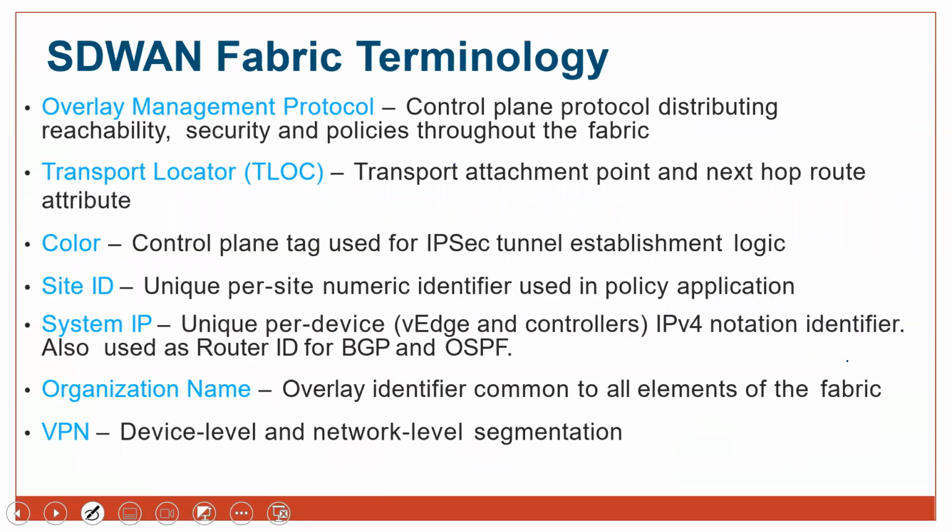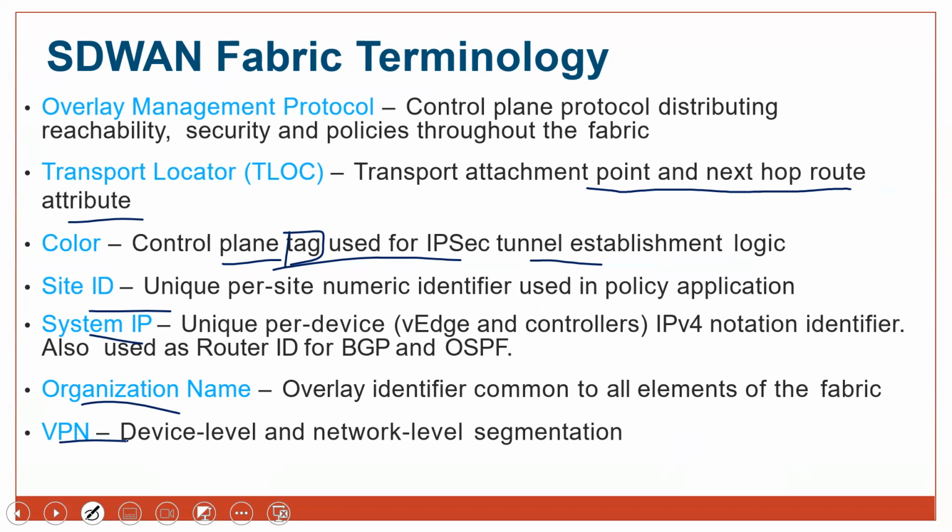Okay, some terms. Transport locator, you can think of this as a next hop route attribute. Color, as I already told you, is some sort of tag. It's nothing to do with anything, it's just a logical thing, a tag value. We know about site ID, system IP, organization name, and the VPN.